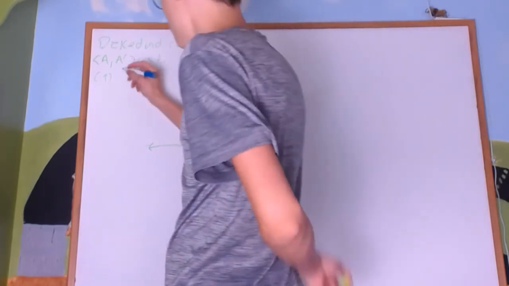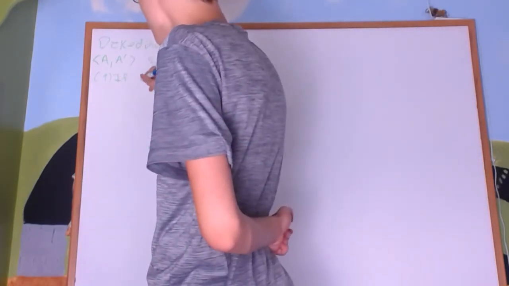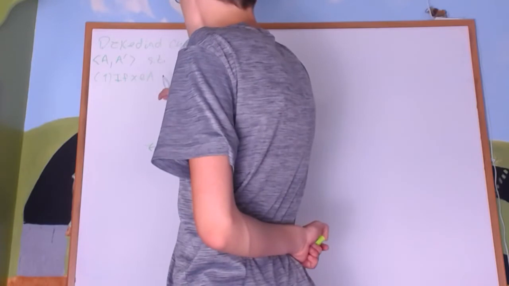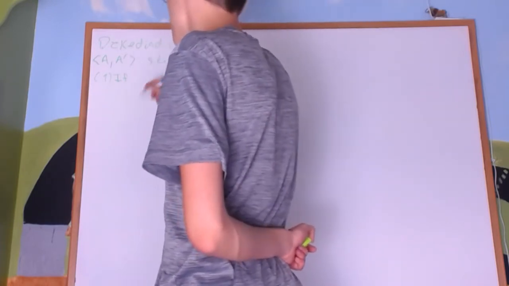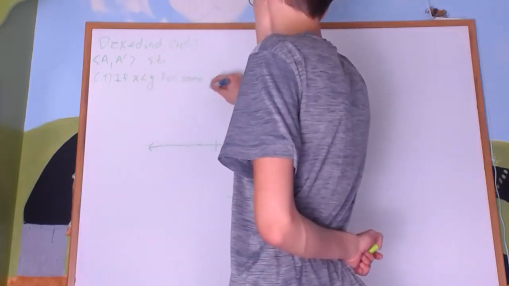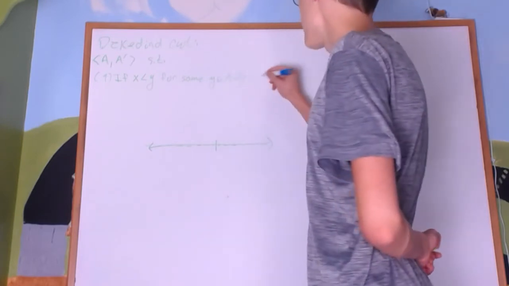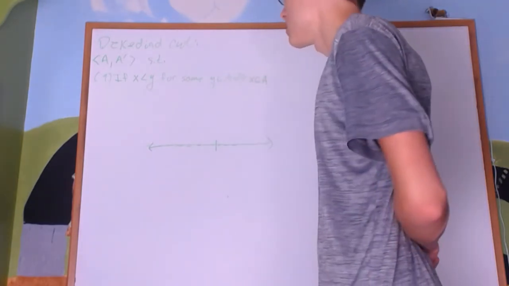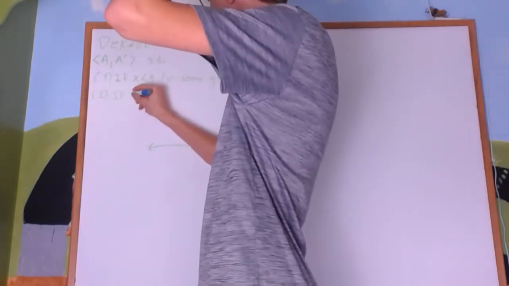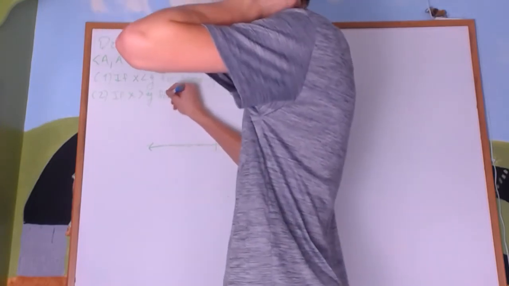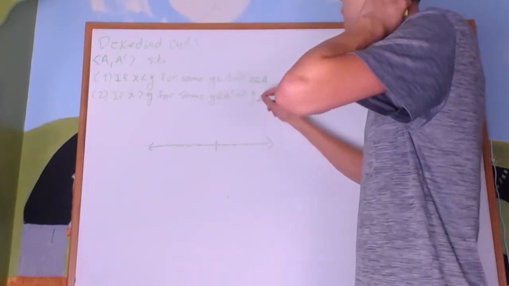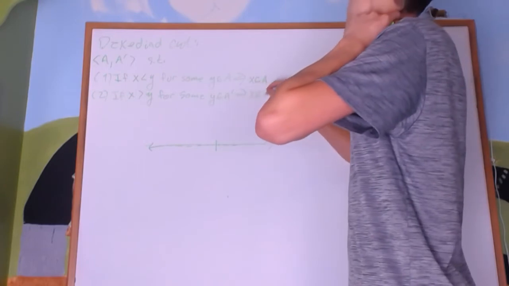So for A, if x is an element of A, that means if x is less than y for some y an element of A, that implies that x is an element of A. Alright, number 2 is that if x is bigger than y for some y an element of A prime, that means that x is an element of A prime.